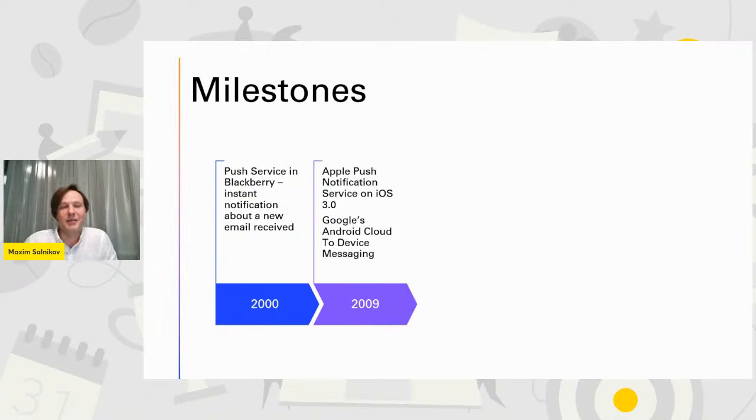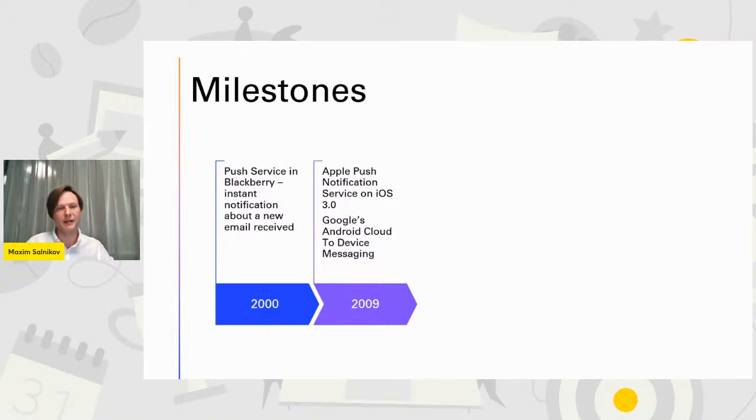Then, quite a few years later, both Apple and Google, approximately at the same time, of course, they heavily competed in these times and still, right, delivered something similar, but on the next level for their mobile devices, right? We are not talking about web at all here yet.